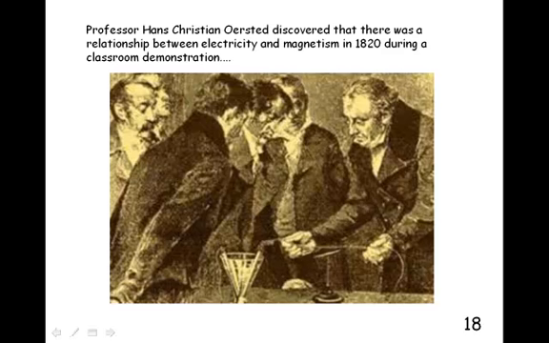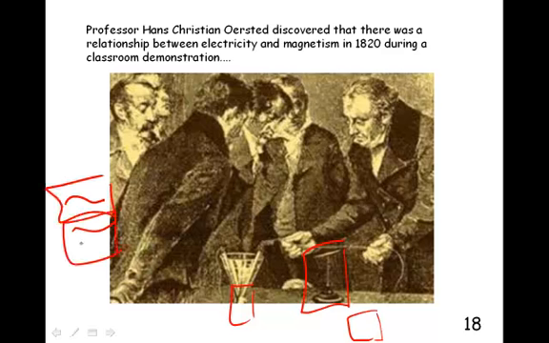And the story is that he was giving a lecture in a class just like we might have here in Flagstaff at NAU. He was doing a demonstration, and he had some compasses on the table, and he was going from the chapter on electricity to the chapter on magnetism. So he had some demonstrations for magnetism and demonstrations for current.